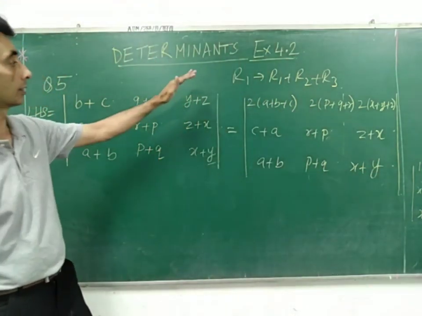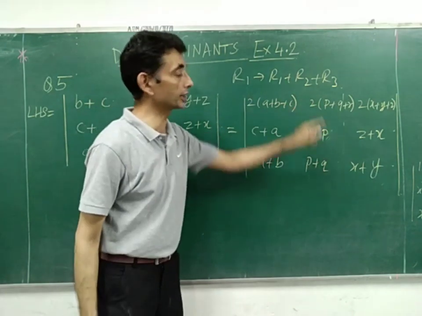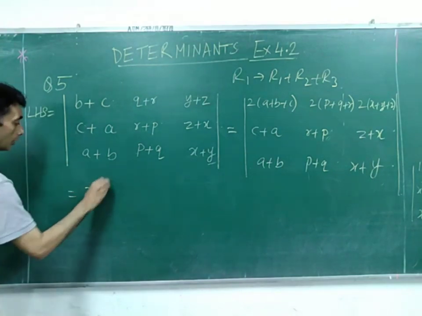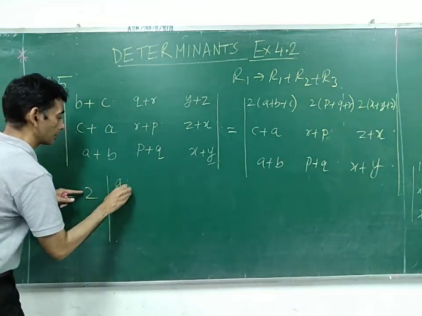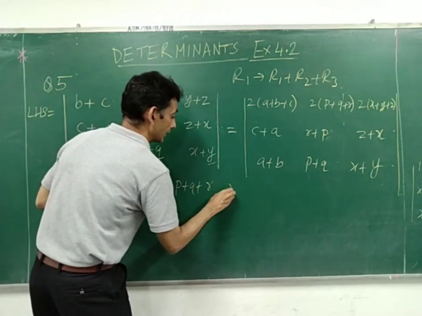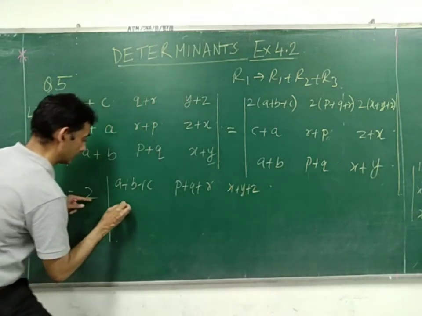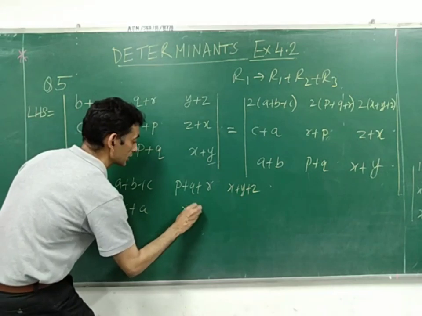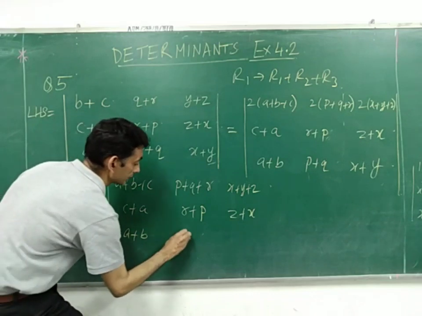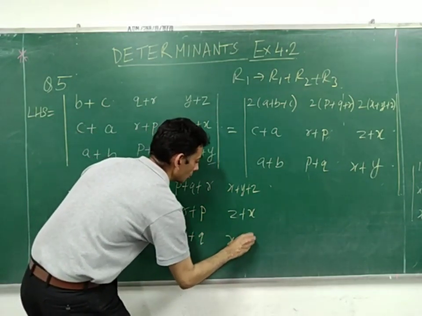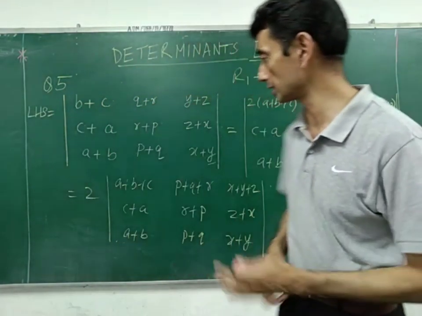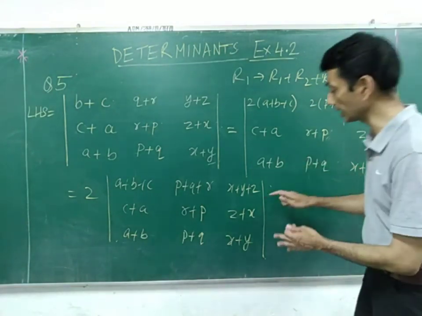Now what is common in the first row? The 2 is common, so we'll take 2 out. In the next step, what will be left is A plus B plus C, P plus Q plus R, X plus Y plus Z. Then C plus A, R plus P, Z plus X, A plus B, P plus Q, X plus Y. What is the basic change you have seen in this determinant?